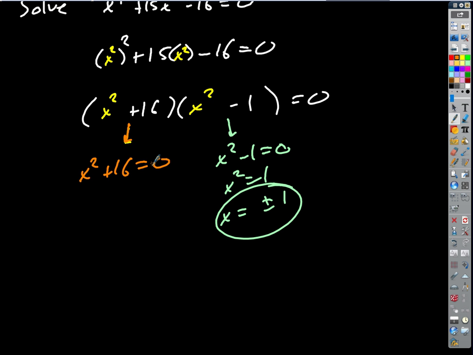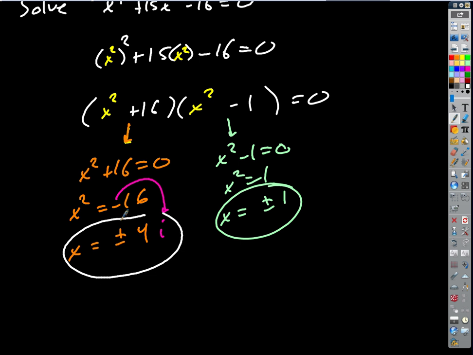Subtract 16. Square root it, right? And so I get x equals what? Plus or minus? I, good, because I'm square rooting a negative. Good, I've got that negative there, which gives me an i, okay? And so I get my four complex zeros. Two of them are real and two of them are imaginary, right? Make sense? Okay, go.